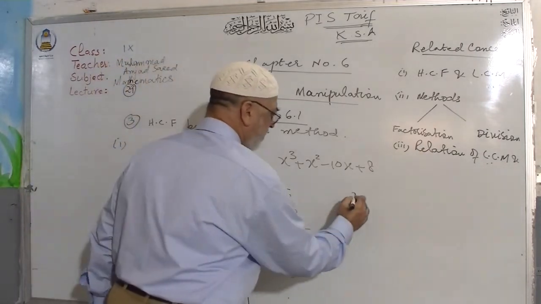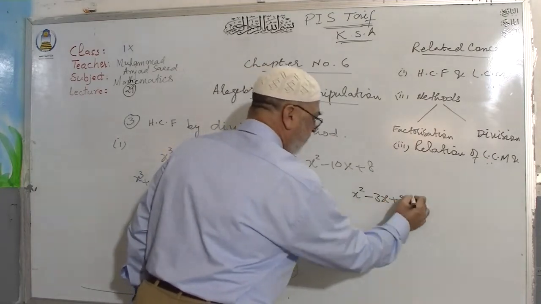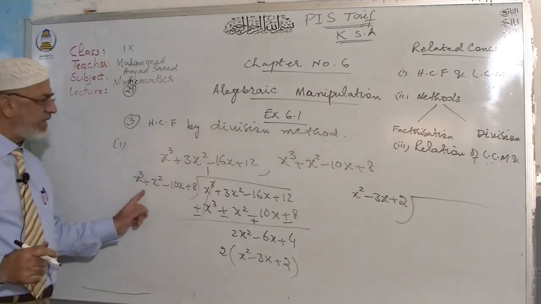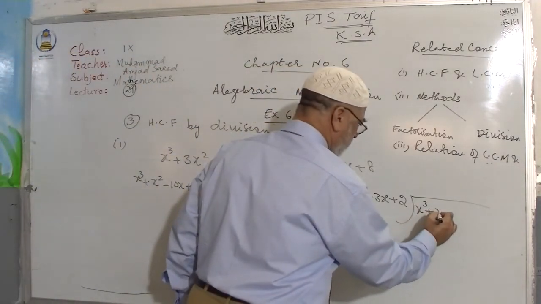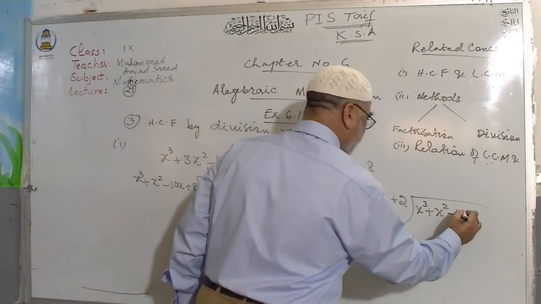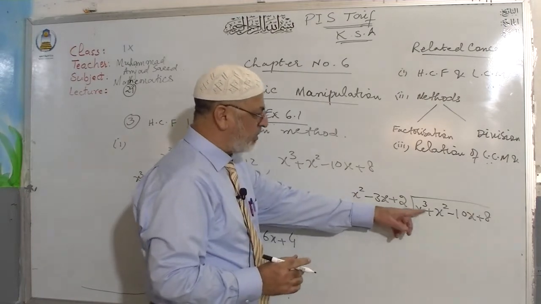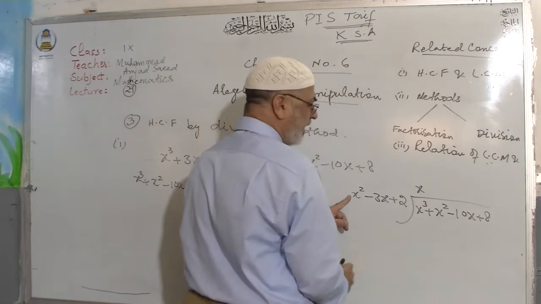So here x square minus 3x plus 2 will be written outside, and this term, the divisor, will come inside. x cube plus x square minus 10x plus 8. Now you can see x cube is divided by x square. What is left?